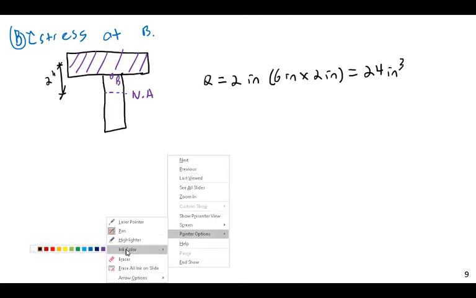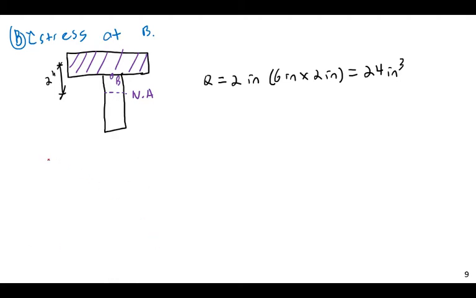So we have actually two cases. The tau at B at the flange, for this, t will equal 6 inches. The tau at B at the web, here the t will equal 2 inches.